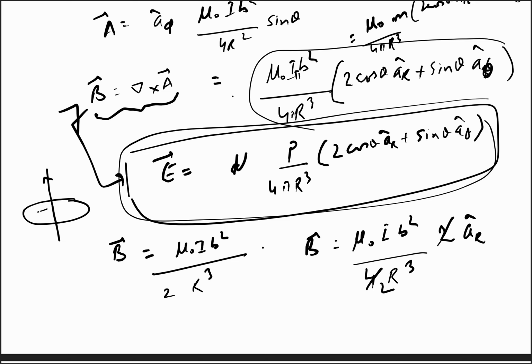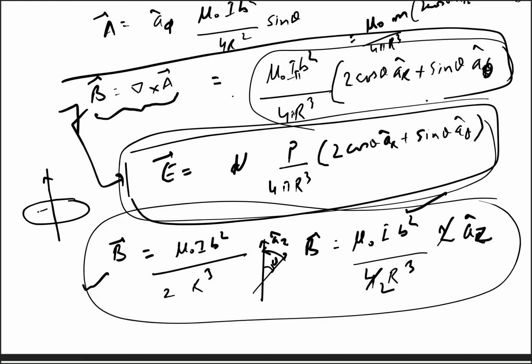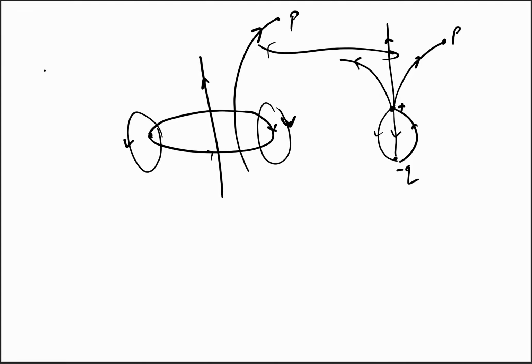Now when theta is equal to 0, a_R is actually equal to a_z only. So I can write it as a_z. So you see, both of these equations give the same result. In this way we can see that this equation for a faraway point is the more general equation, and we will use it whenever we need to calculate the field at a faraway point for the magnetic dipole.